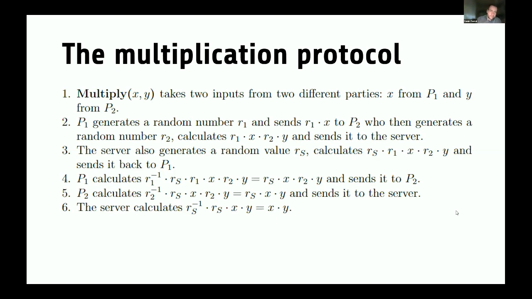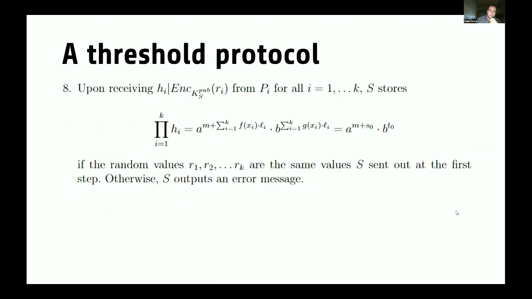The server can then learn the product of x and y without knowing x and y separately, and the participants won't know each other's secret values either. Okay, so this is the threshold protocol.